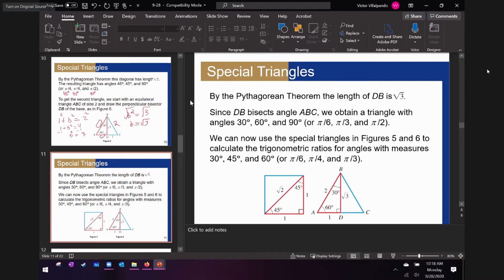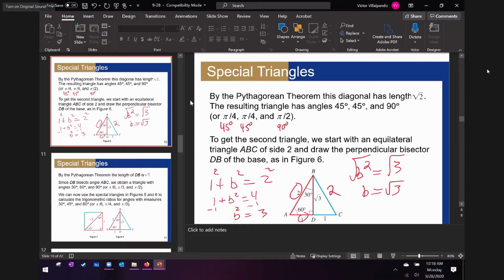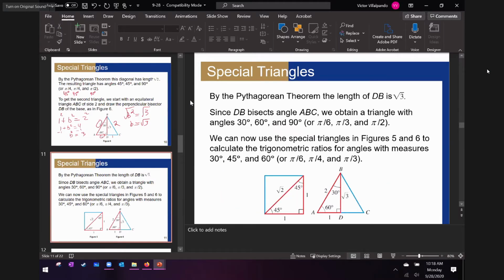Since DB bisects angle ABC, we obtain a triangle with angles 30, 60, 90, or in radians, pi over 6, pi over 3, pi over 2. You can double check with the formula. Remember, it was 180 over pi or pi over 180, depending on where you wanted to get to. So this would be 30 degrees, this would be 60 degrees, and this would be 90 degrees.